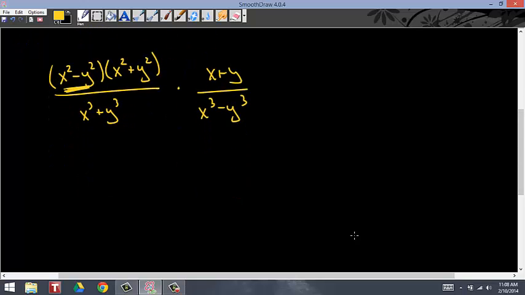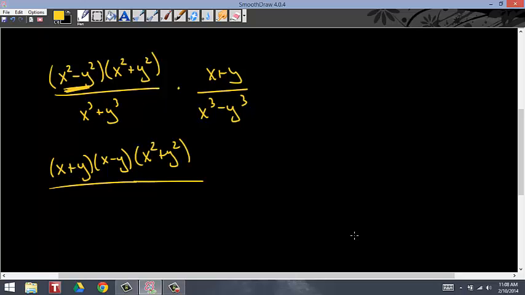This left term here can become x plus y times x minus y. All over, I'm sorry, I forgot about this thing, x squared plus y squared. All over, remember this, when the two things are being cubed, what kind of problem was this? I don't remember, we're learning about it in semester 3-4 right now.